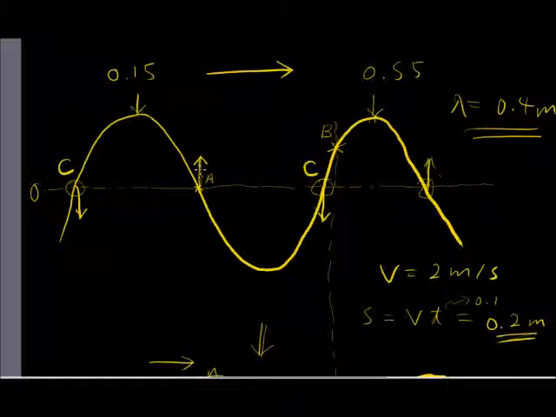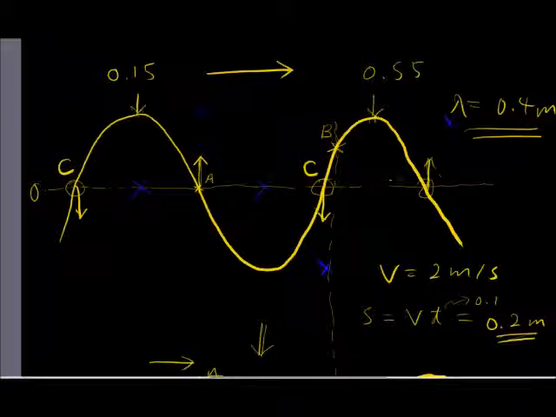So this point is going to be the new peak. Let's mark the important positions first, and then point C is going to move all the way down to this point here. As for the other points, the new peak position is here, and this would be the zero position again.